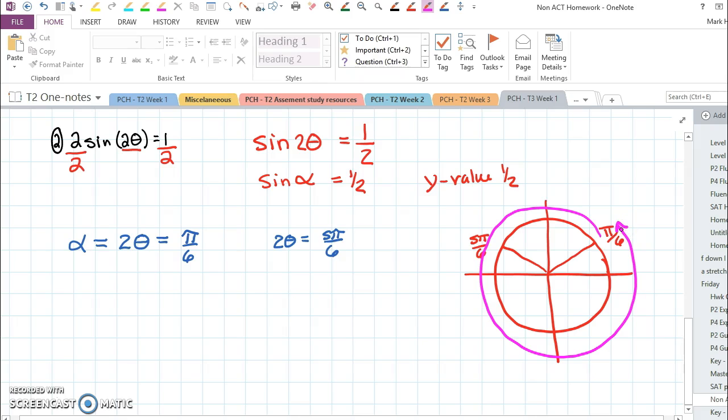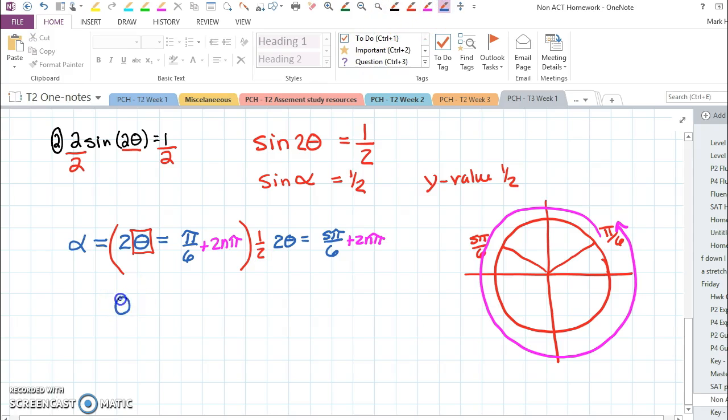infinitely many times. So we're going to add 2n pi to both. And because I want alpha all by itself, I'm going to take both sides of the equation and multiply by 1/2.